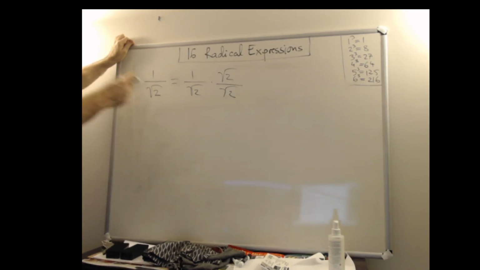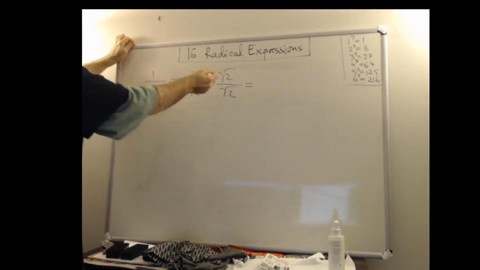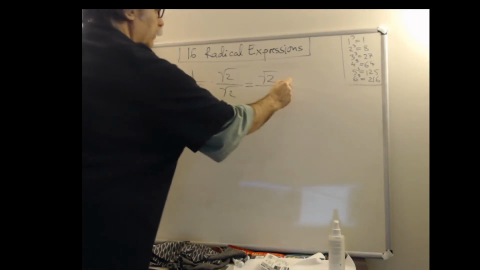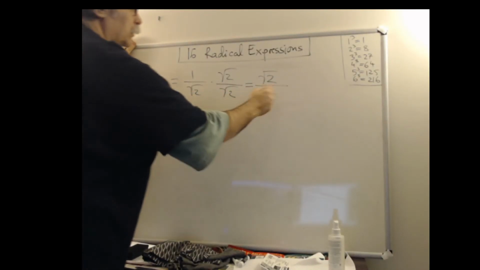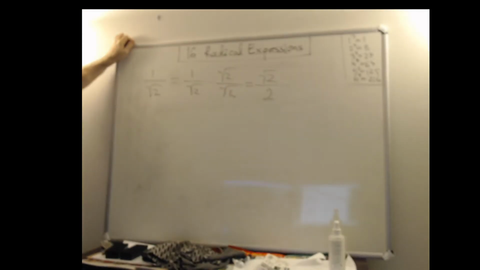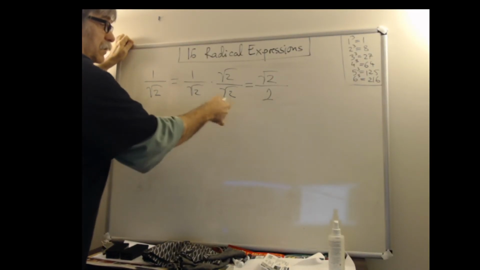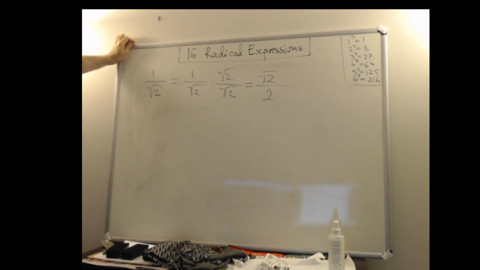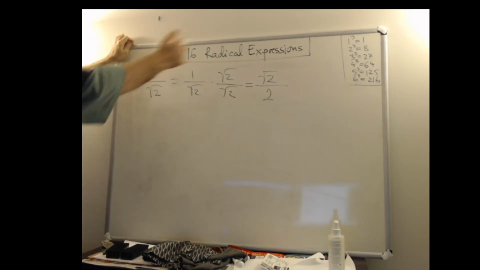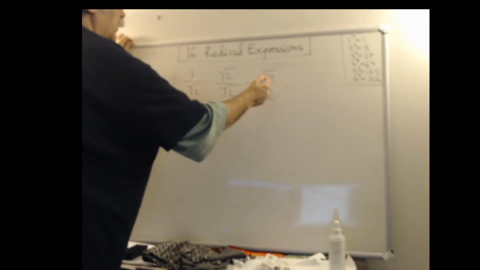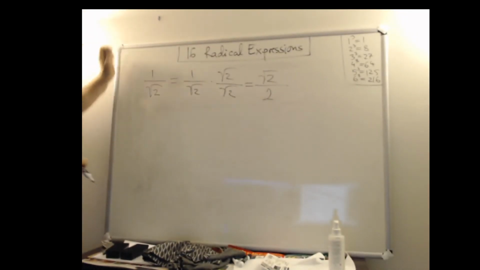Okay, what's the trick here? Well, we multiply the fraction: the top, 1 times radical 2, and the bottom, radical 2 times radical 2 is 2. This is the number whose square is 2. So when you multiply the number with itself, it's 2, right? So I came from this to this. I have 2 in the denominator. It's not a radical anymore.